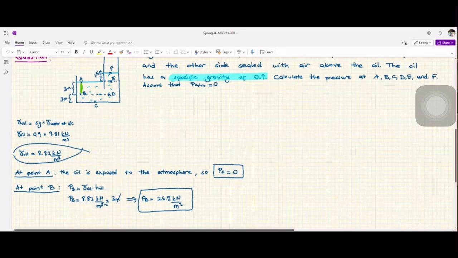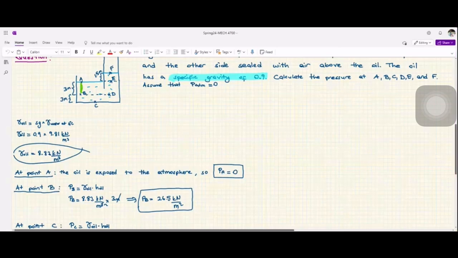Now at point C, the same logic, the pressure is calculated by gamma oil times H oil. PC equals gamma oil, 8.83 kilonewton per meter cube, times the height. Now the height, look, we have 6 meters, right?